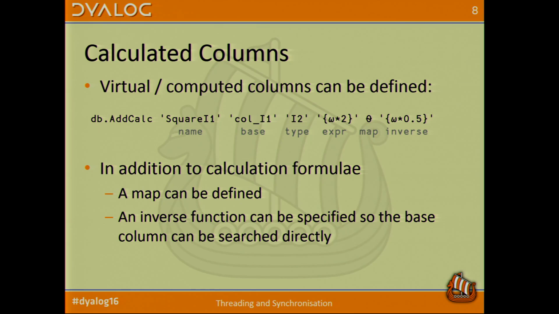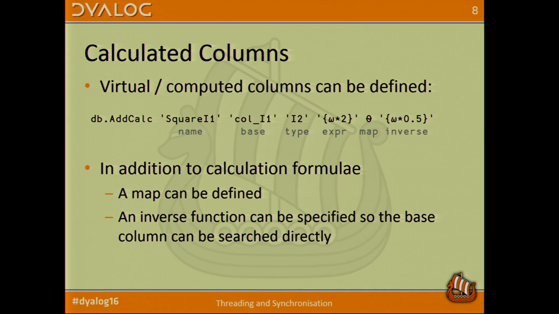A feature that was really added to allow people to do very simple classifications of data rather than actual computations was you can have computed columns. There's a base column that they're computed from. It could be more than one. The type of the result that you're creating, and then simply the expression that you're computing.